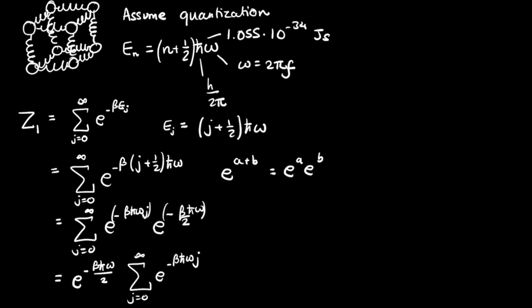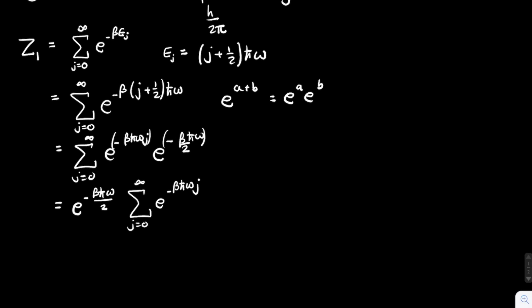Alright, looking good so far. So what are we going to do now? Well, I'm actually going to do a very subtle thing now. I'm going to rewrite this in a different form, and you'll see why in a moment. So e to the minus beta h bar omega over 2, leaving that as it is.